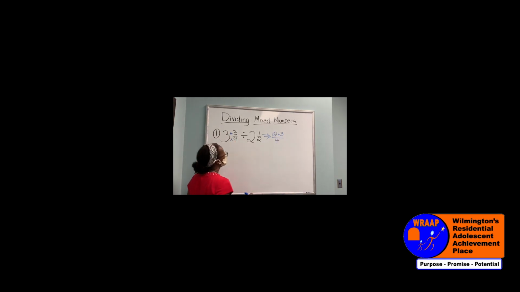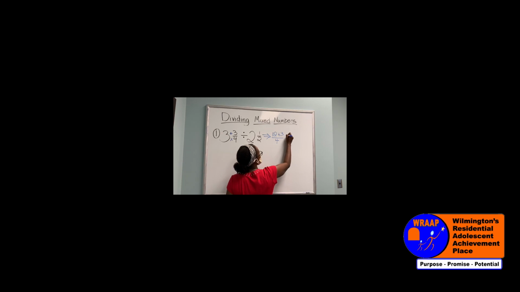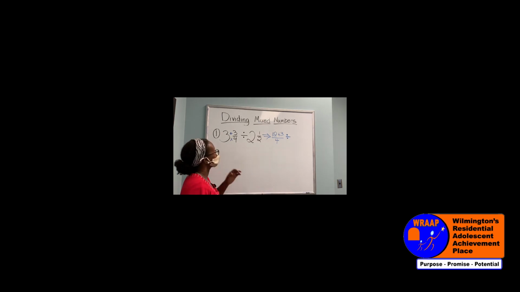For right now, we're going to keep the sign the same because we haven't started trying to solve the problem. We're just trying to turn the problem into an improper fraction, so we just have a numerator and denominator.